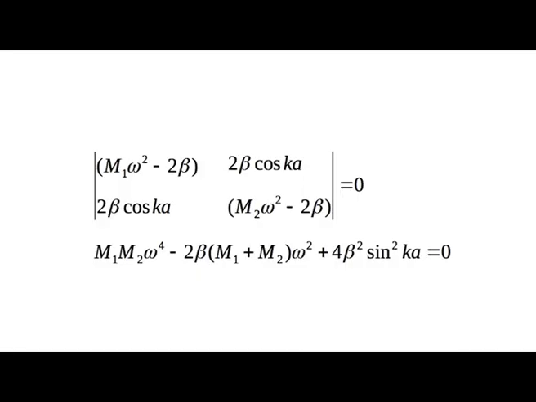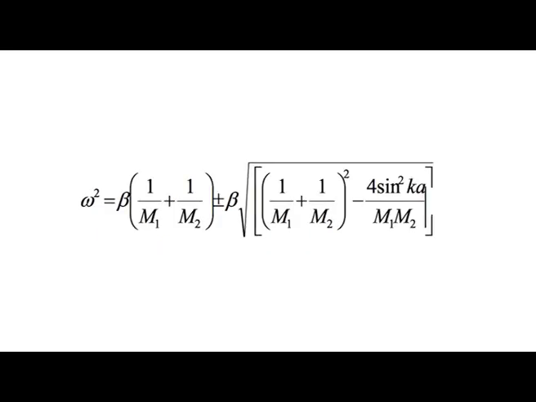So, we evaluate the determinant, and that will come to be M1 M2 omega raised to 4 minus 2 beta into M1 plus M2 omega squared plus 4 beta squared sin squared k a equal to 0, or you will get the expression as you can see in the image there, omega squared is equal to beta into 1 by M1 plus 1 by M2 plus or minus beta into root of 1 by M1 plus 1 by M2 the whole squared minus 4 sin squared k a by M1 M2.